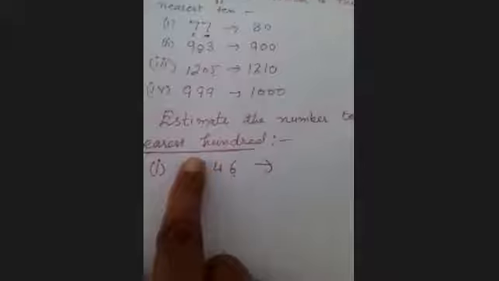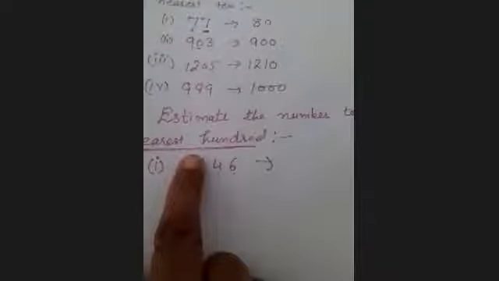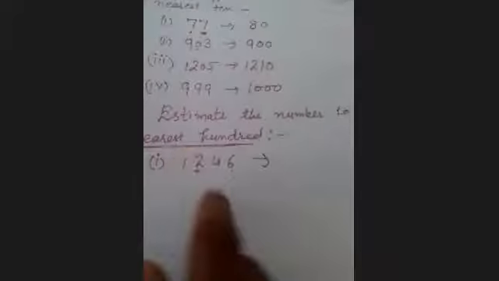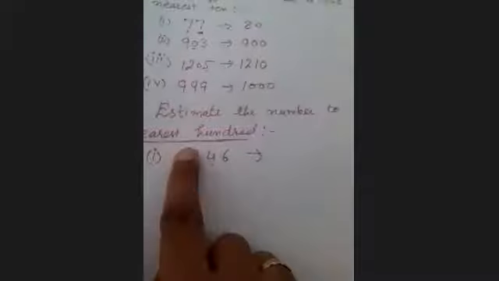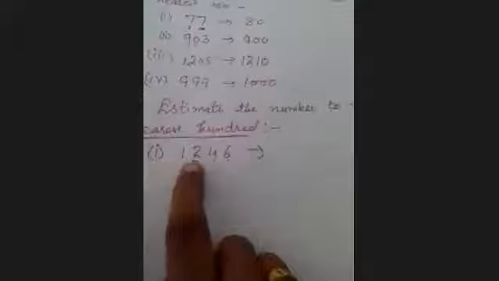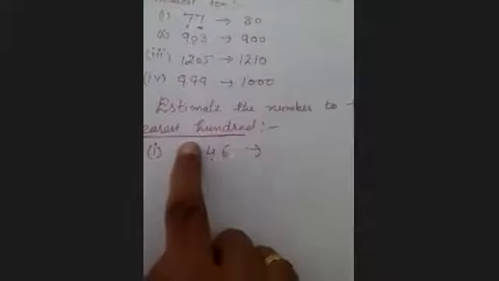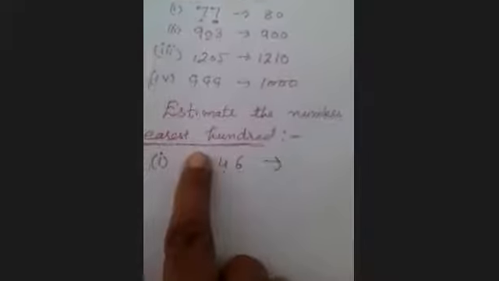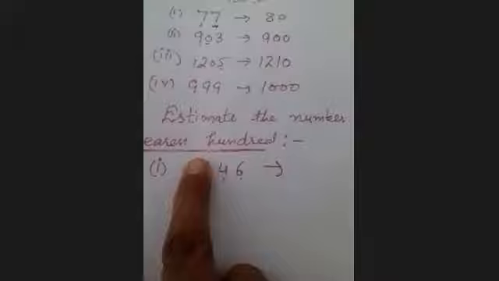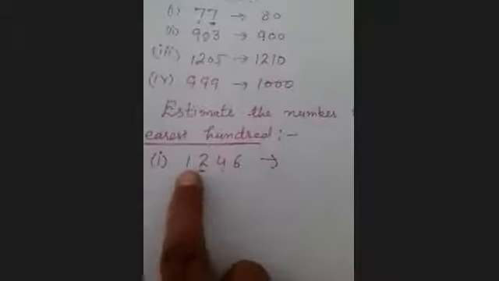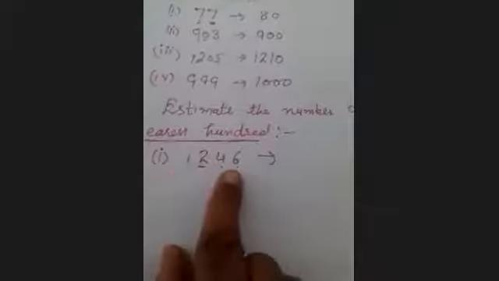Yes, students, same rule. If this number is 5 or greater than 5, then our estimate value will be 1300. If this number is less than 5, as you can see, this number is 4, so our estimate value is 1200.